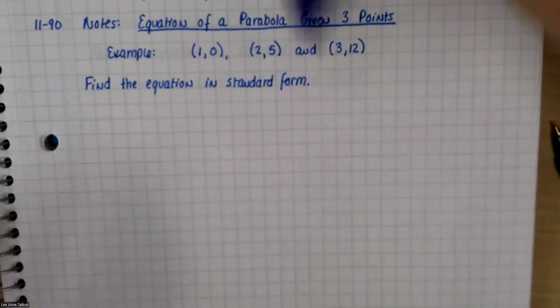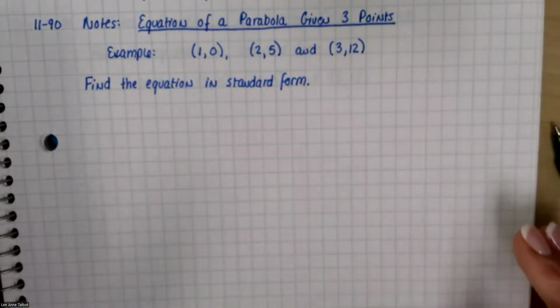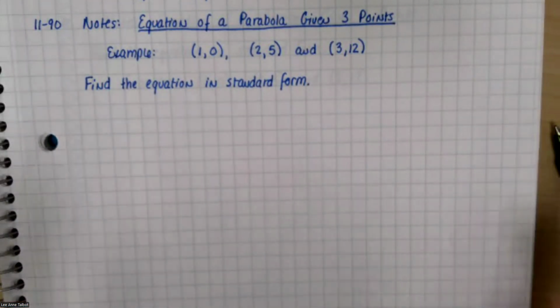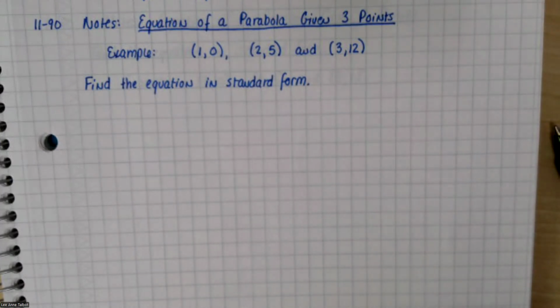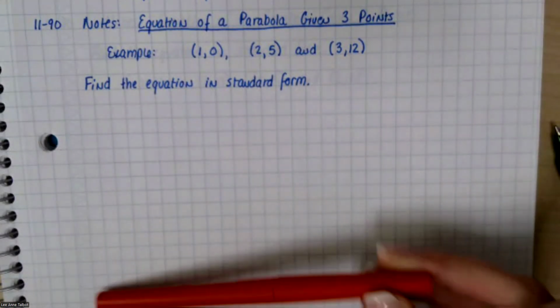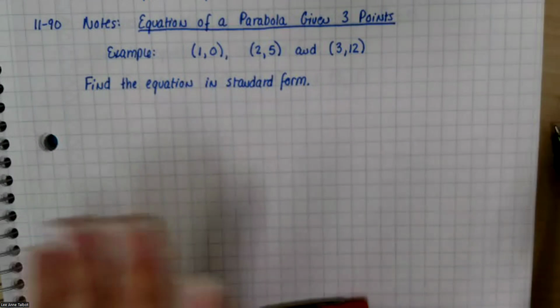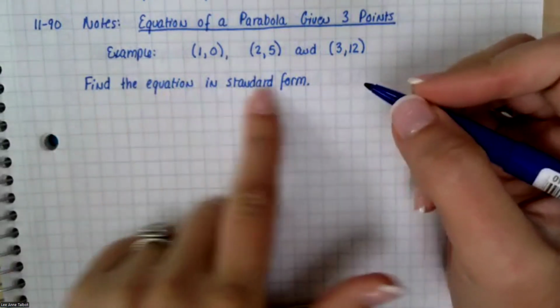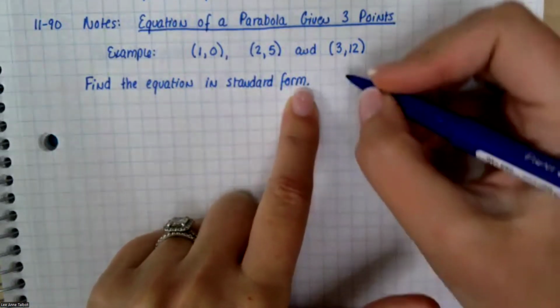Okay. Again, this is one of those where neatness and organization are key. And I'm also going to use two colors. Again, I'm going to use the red pen because this is a systems problem. Okay, so first thing I'm going to do is note the instructions. It says standard form.